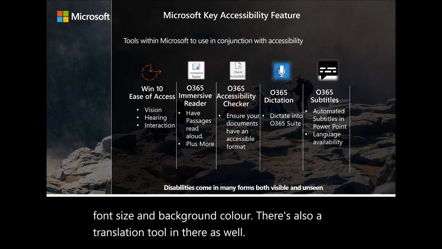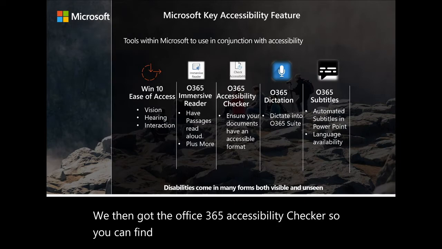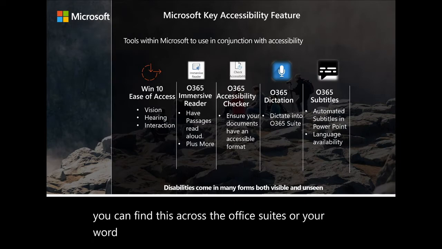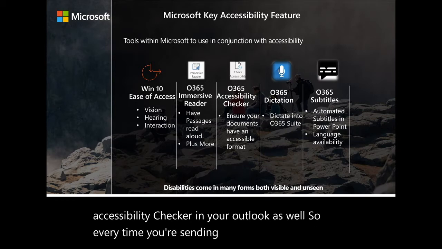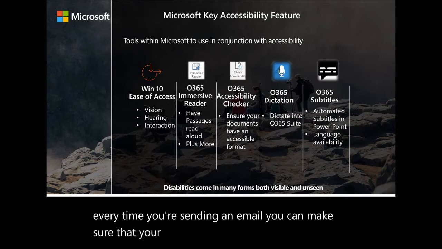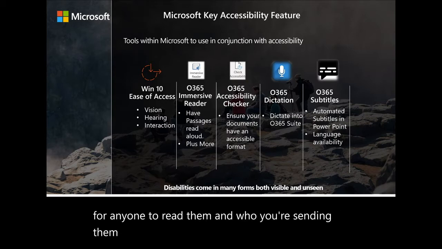We then got the Office 365 accessibility checker, so you can find this across the Office suite, so your Word, Excels and PowerPoints. And there's also the accessibility checker in your Outlook as well. So every time you're sending an email, you can make sure that your documents are going to be accessible for anyone to read them and who you're sending them on to. We then got dictation.